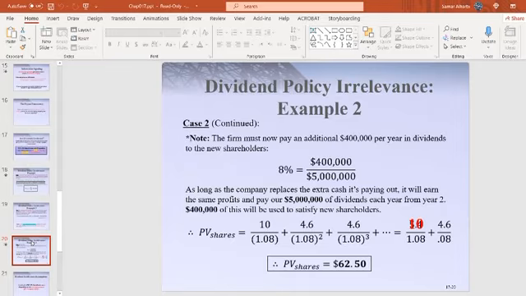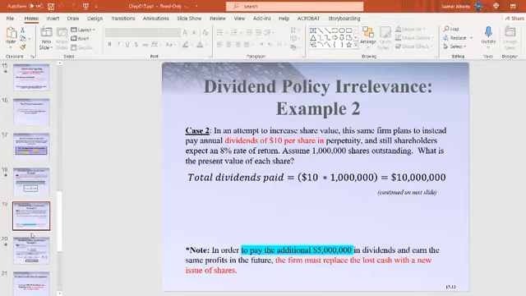Now, just try to understand this example. So the company must now pay an additional $400,000 per year in dividends to the new shareholders. What does this mean? How did we calculate the 400,000 here? 5 million additional multiplied by 8% is 400,000, okay? Now focus with me.